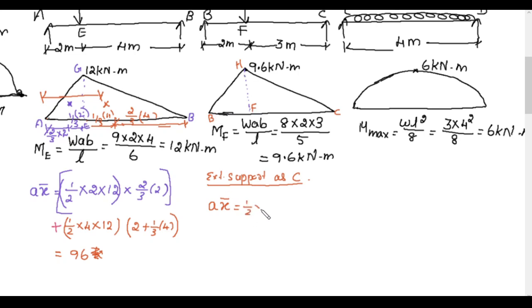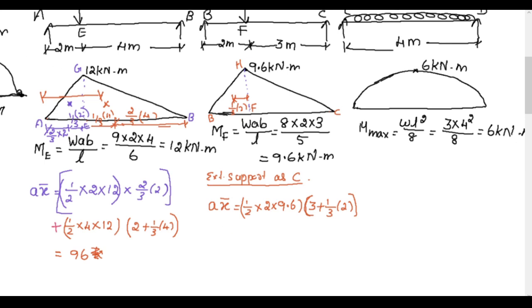It is half into base 2 into height 9.6, multiplied by the distance of the centroid. We are calculating from C. So this distance FC is 3 meter plus the centroid of this part is 1 by 3 of 2.